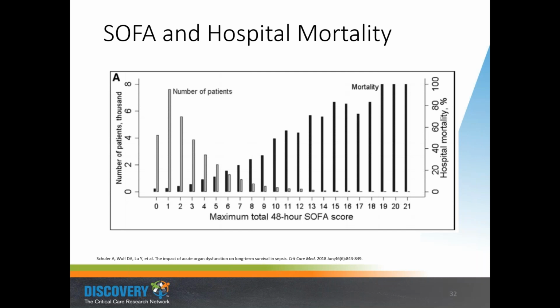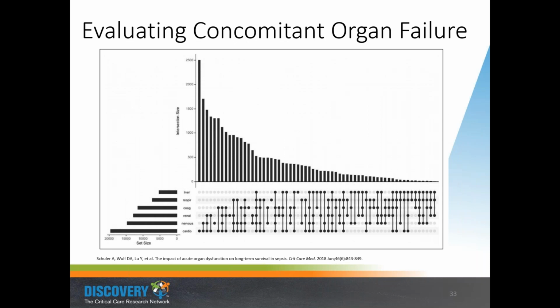It theoretically goes up to 24, but we only had scores that go up to 21. The gray bars are the number of patients who had that score. So you can see there are more lower severity patients than very high severity. But as you got into those high severity groupings, mortality, here in the black bars, increased tremendously. So we had confidence that we were evaluating an appropriate measure of severity of illness in these patients.